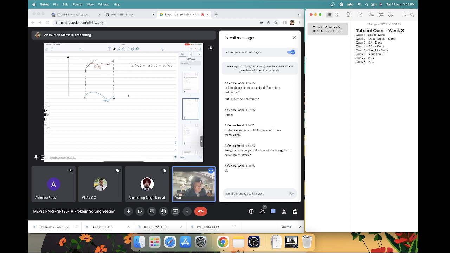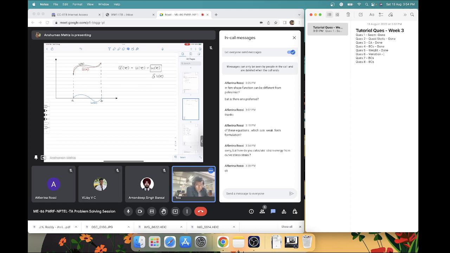So this w of x is nothing but the variation in u. Look at it carefully: w of x is a weight function and it is a variation in u.